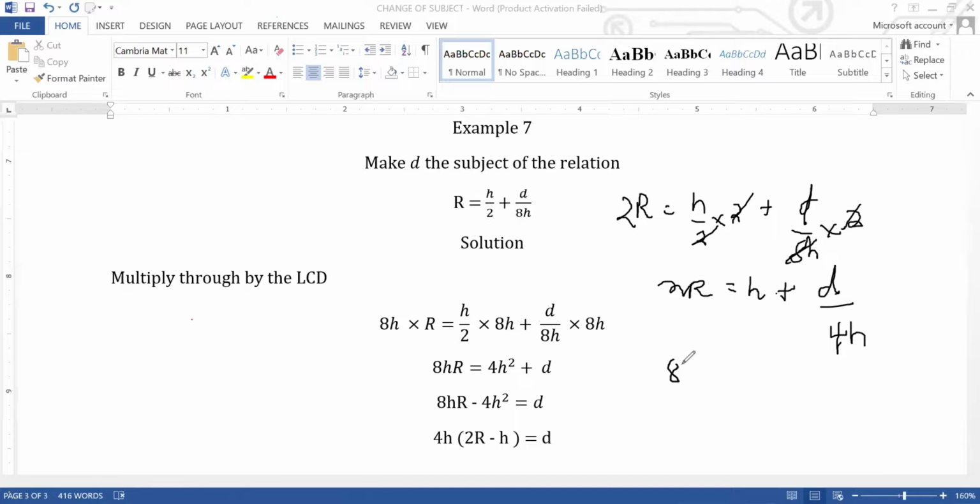So you have 8RH is equal to 4H squared plus D. It's true. Wow. Minus 4H squared is equal to D. You are right, but in certain cases, maybe you wouldn't have the same answer. The right LCM should be chosen, and in this case, it's 8H.